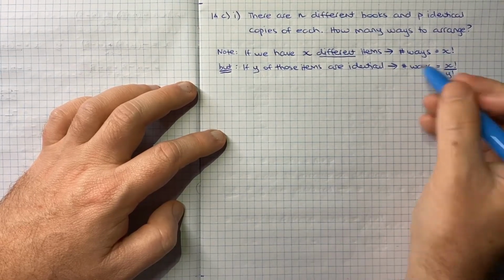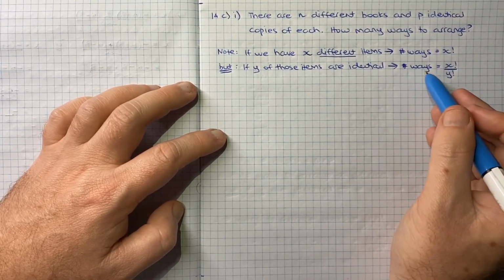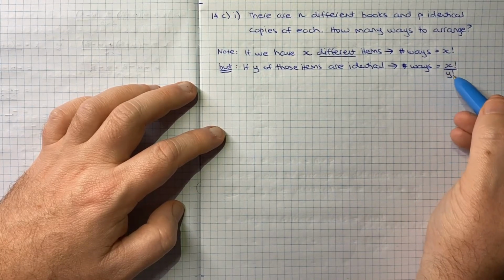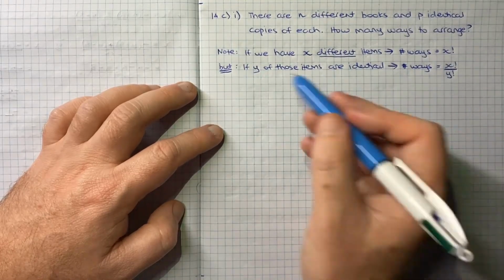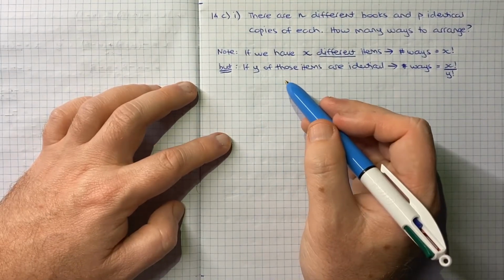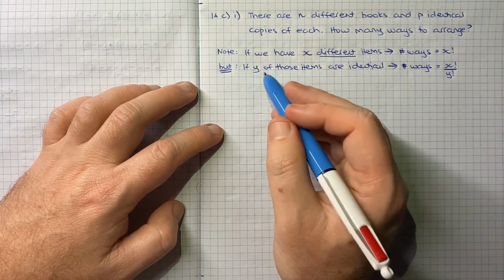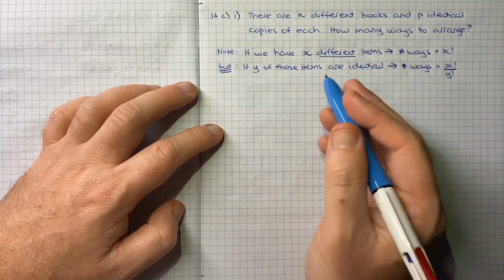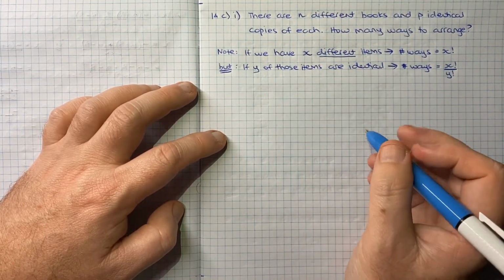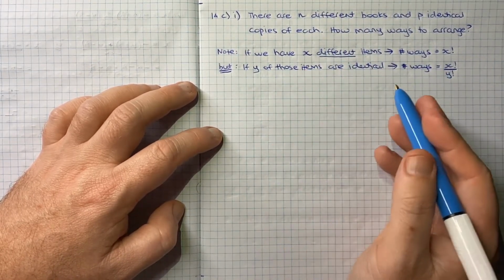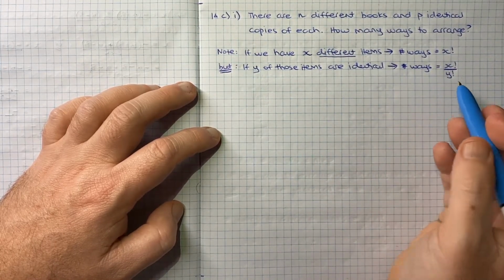So the way we adjust it, to make sure we're not overstating the number of ways, is we divide by the factorial of the number of identical items. So the idea is, if some of these items are identical, for example if they were red balls and they were all identical, whether I pick the first red ball or the second and put them somewhere, it makes no difference. So you can effectively count them as the same thing in terms of an arrangement. So this is how we adjust.